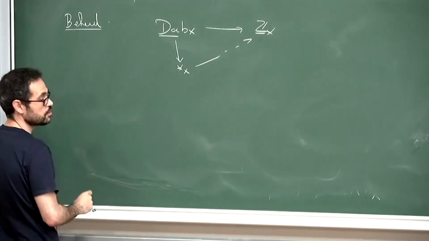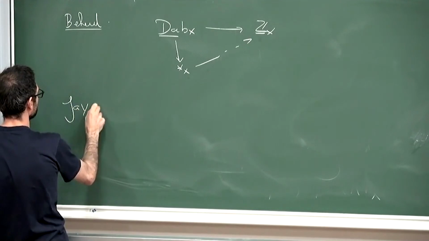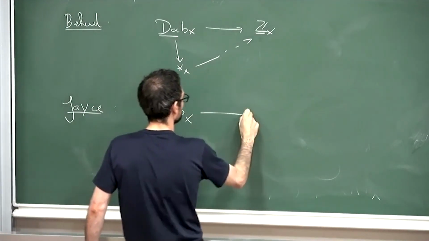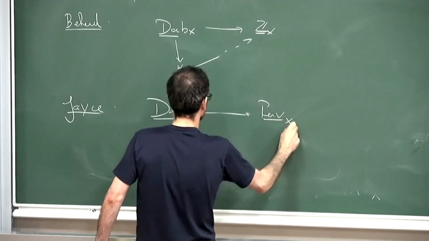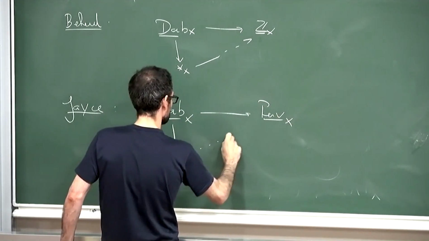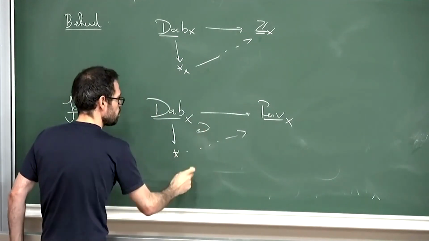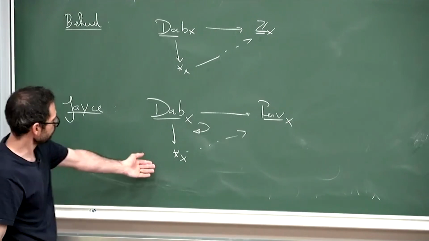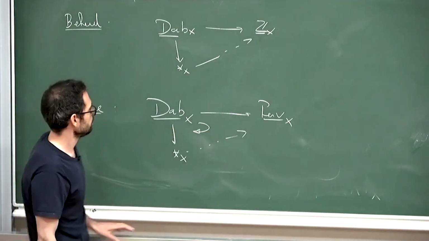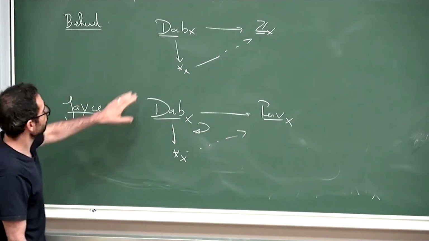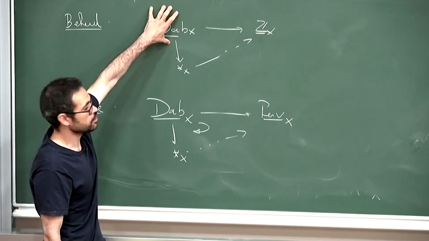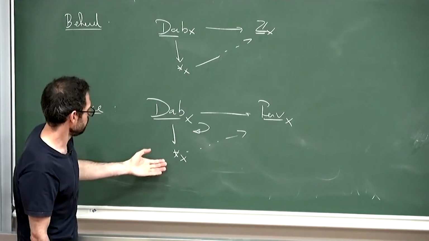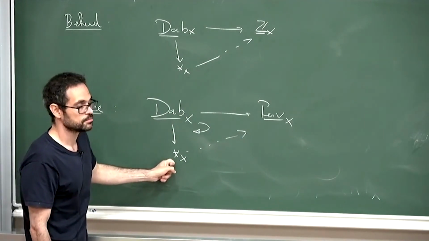And Joyce's theorem again says that there exists a factorization through the final sheaf, so it's the existence of a globally defined perverse sheaf. So if you want to glue locally defined invariants with values in any stack, what you have to show somehow is that it factors through the point.